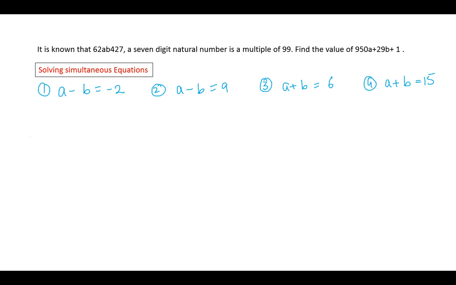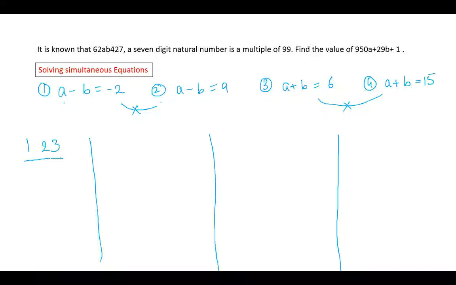Now see, we cannot solve 1 and 2 together because they represent different sets of values. Right? This cannot happen. And we cannot solve 3 and 4 together because they are different sets of values. So what we can solve are 1 and 3, 1 and 4, 2 and 3, 2 and 4.